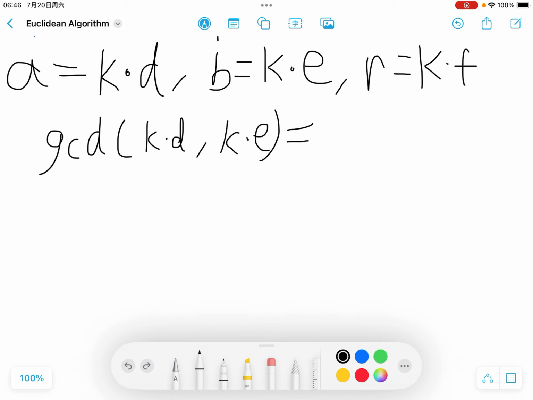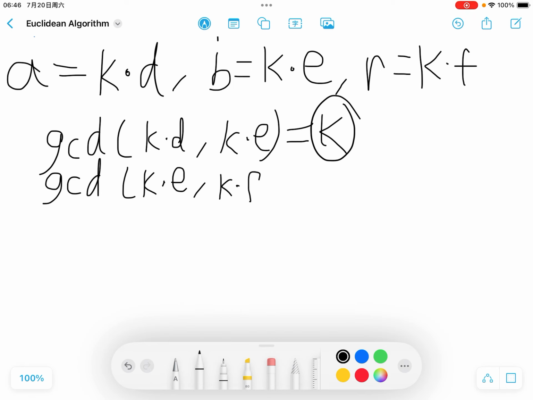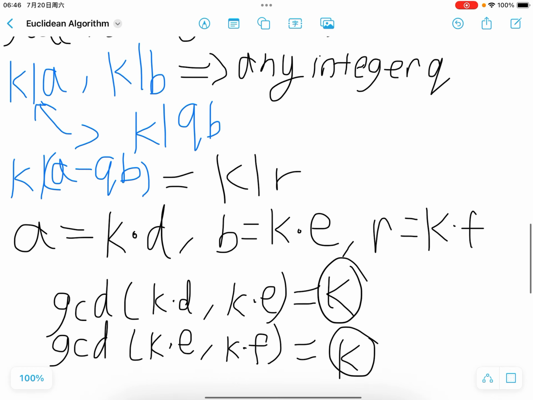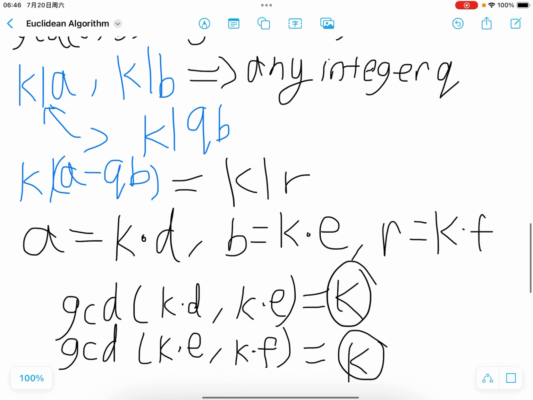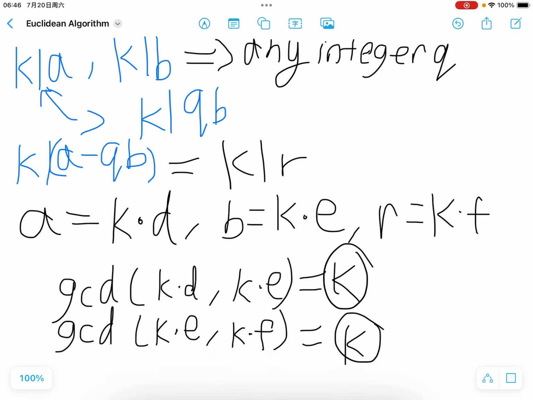So the GCD of K times D and K times E, when D and E cannot divide each other, is going to be K. And then the GCD of K times E and K times F, in the circumstance that E and F also cannot divide each other, is also going to be equal to K. So the GCD of A and B is equal to the GCD of B and R. So you might be asking, well, how do we know if D and E are coprime?